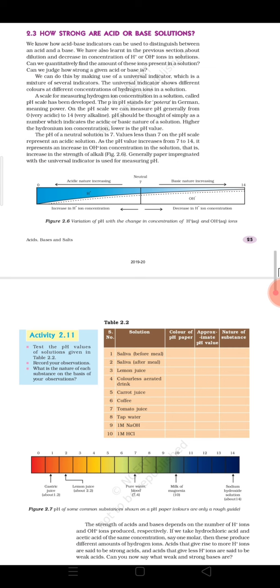That means only around half of the molecules are dissociating and releasing, whereas the other half will remain in molecular form only. When it is remaining in molecular form, no hydrogen ion is released from those molecules which are not getting broken down. I hope you understood how to understand weak acid and strong acid.